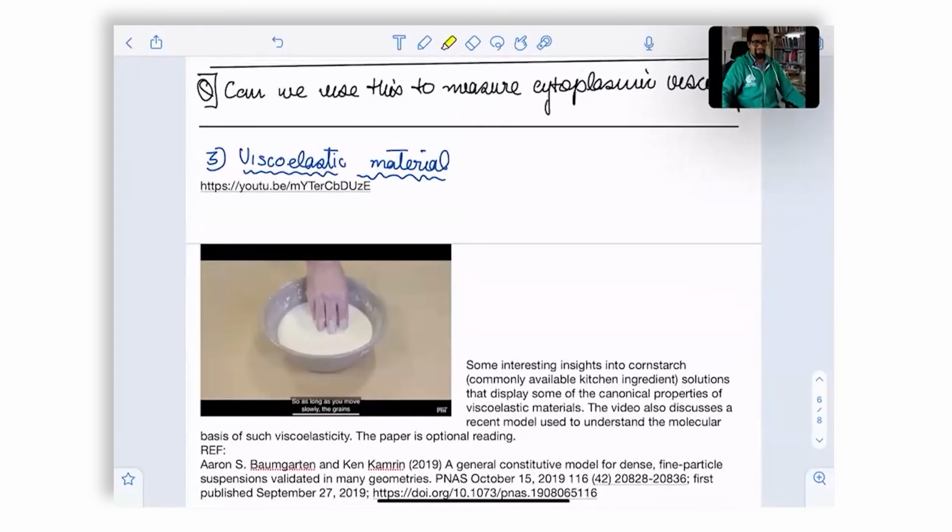This material is something you can make in your kitchen, because cornstarch, remember, is what we use in gobi Manchurian. So your gobi is coated with corn flour, right? Makke ka atta in Hindi.